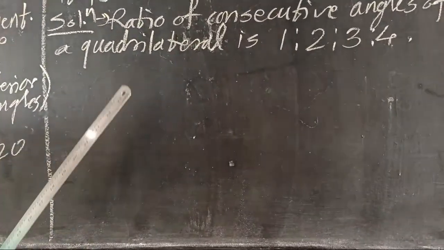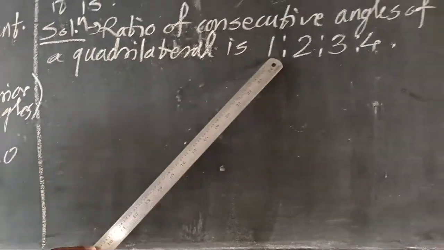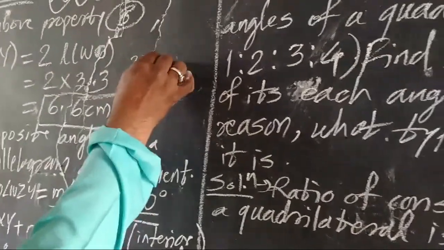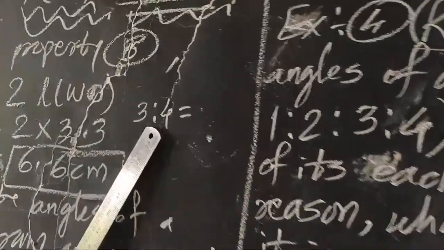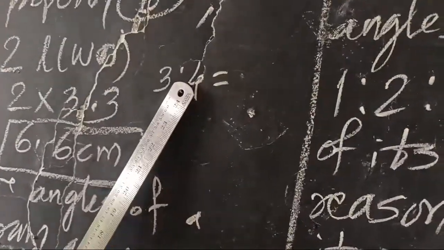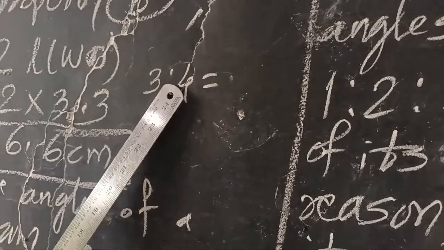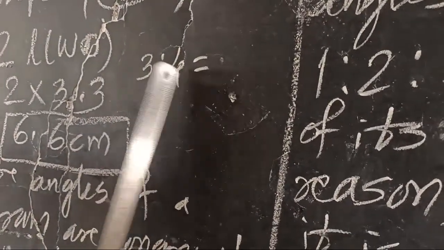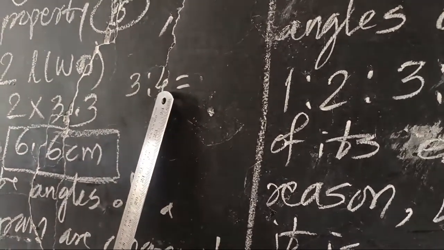Then ratio, suppose 3:4 is the ratio. Then that ratio is written as 3/4.